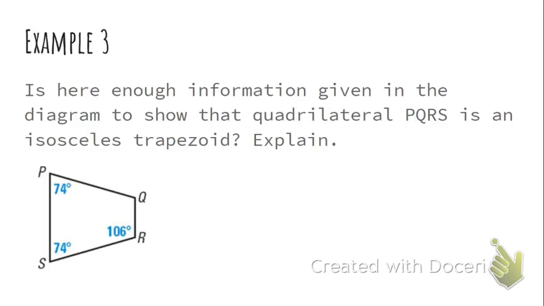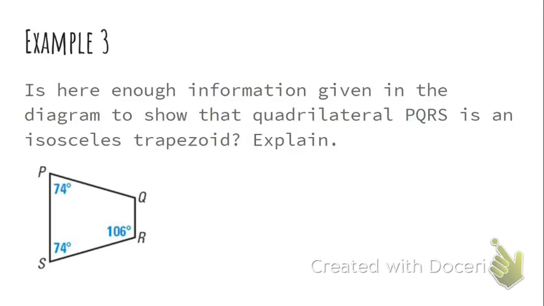Example 3, is there enough information given in the diagram to show that quadrilateral PQRS is an isosceles trapezoid? Explain. All right, so in an isosceles trapezoid, we would need our base angles to be congruent.